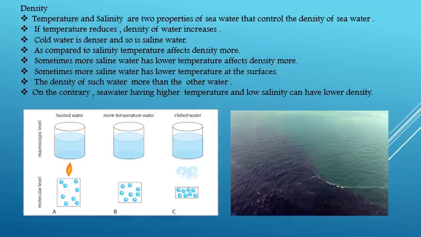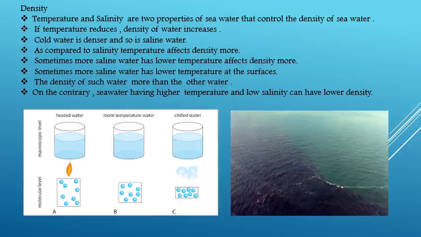Let's see density in detail, children. Temperature and salinity are two properties of seawater that control the density of seawater. If temperature reduces, density of water increases. Cold water is denser and so is saline water.